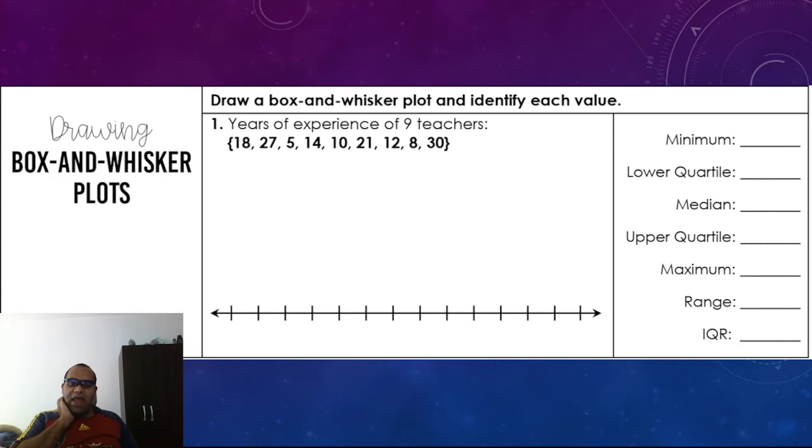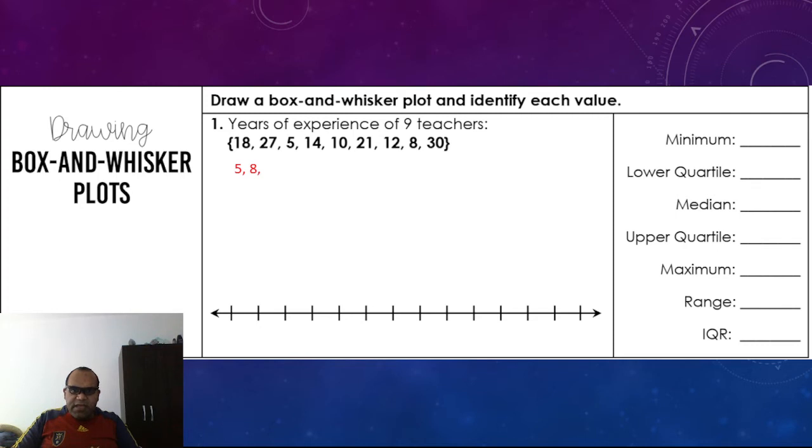Let's first organize our data. The least one is 5. The second least, 8.